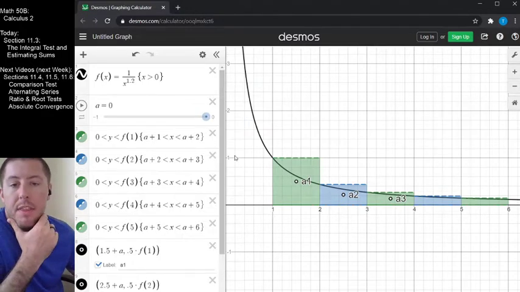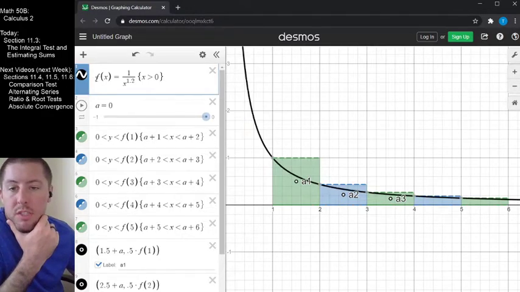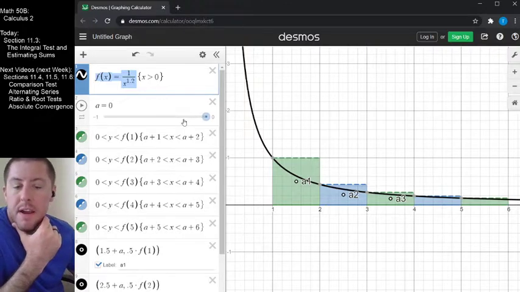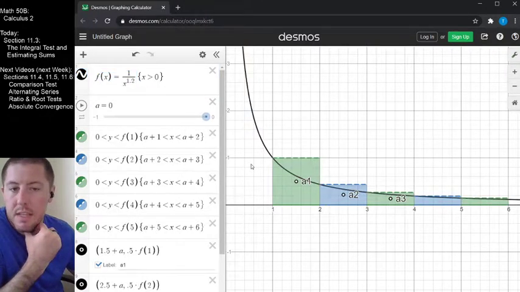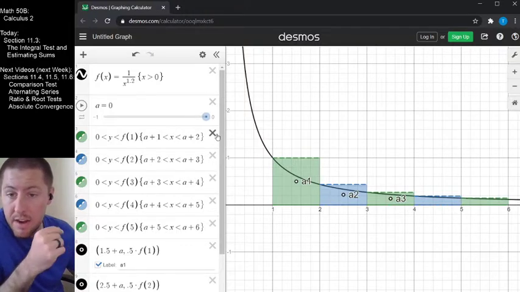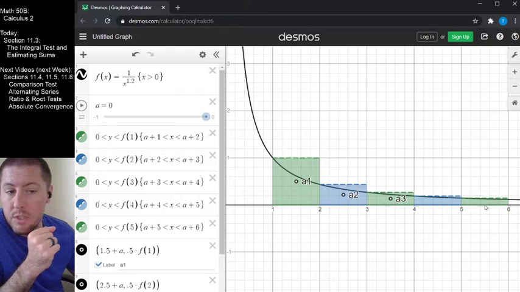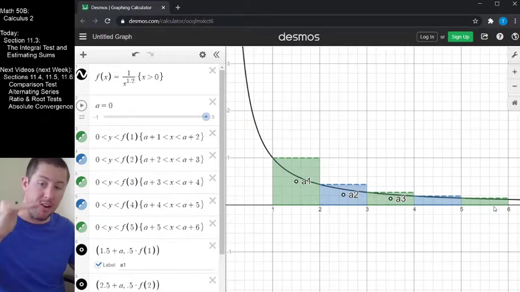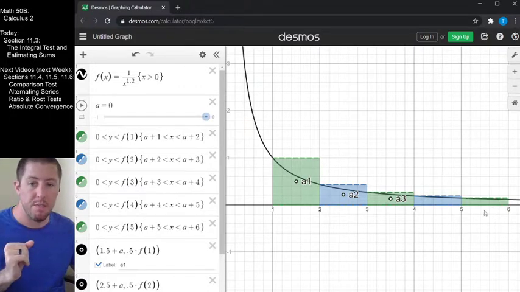Then we want to compare them to their function equivalents so that we can use calculus to find the area underneath their function equivalents and make statements. For example, in this scenario, as the diagram is right now, if I did the integral of 1 over x to the 1.2 from 1 to infinity, I would be getting a number that's guaranteed less than the value of the series.